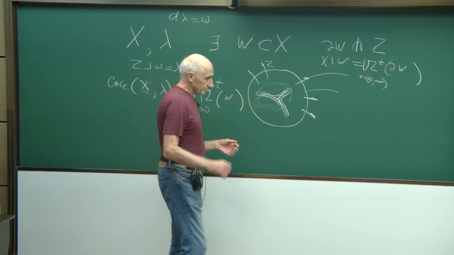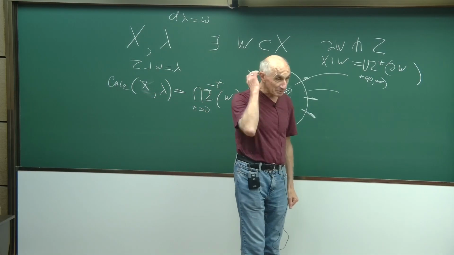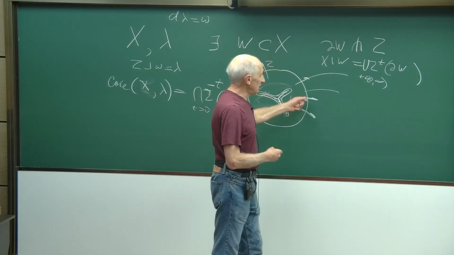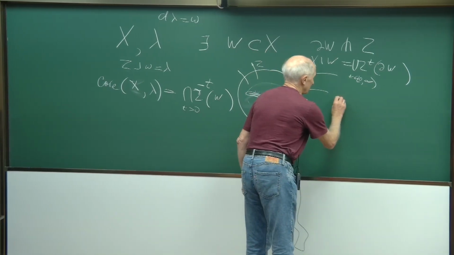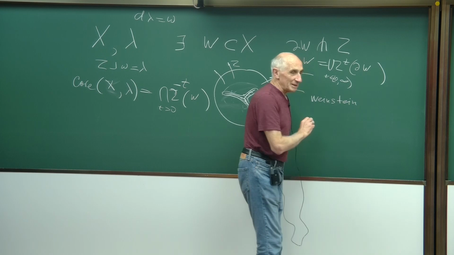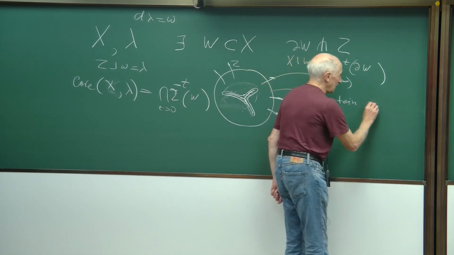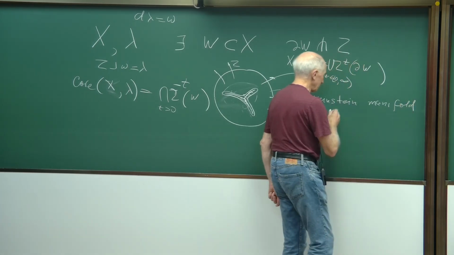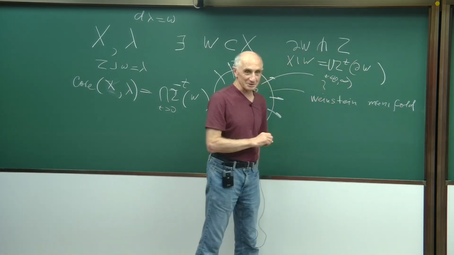So now we have a very special case of this, the so-called Weinstein manifold. What a Weinstein manifold is, is subject to a certain uncertainty.